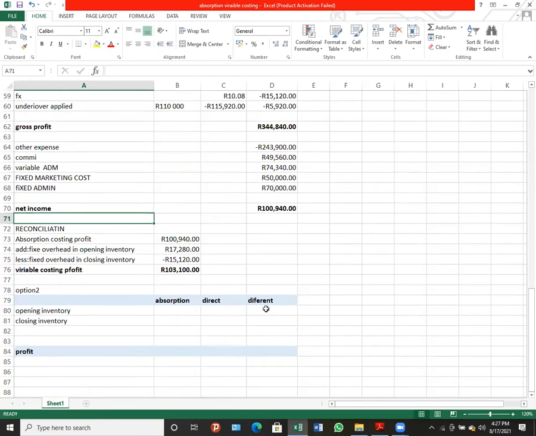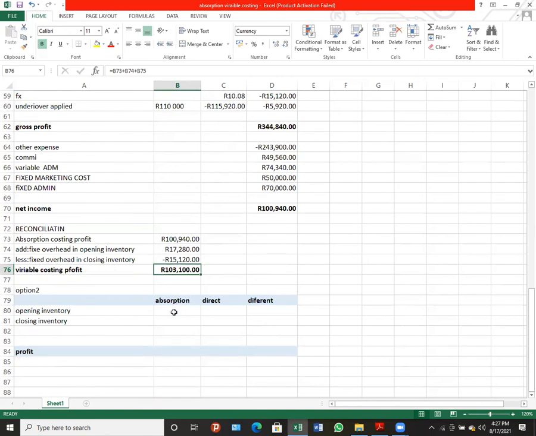The first option is easy. You take this minus the opening inventory fixed, minus this plus the closing inventory fixed. You will get the variable costing profit.